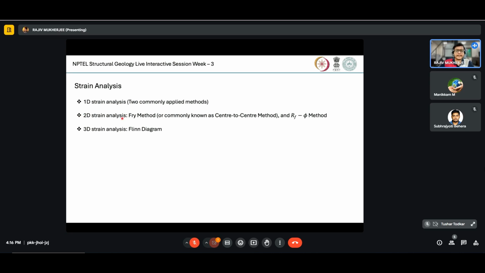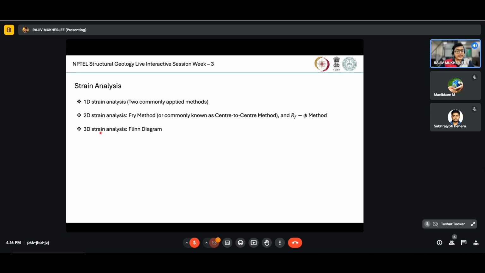From 2D strain analysis, we try to analyze the development of a preferred orientation and how much change in the aspect ratio has taken place for different kinds of rock unit. It can be a mineral grain, it can be different kinds of strain markers, right? So the purpose of 2D strain analysis is to estimate the intensity of deformation.